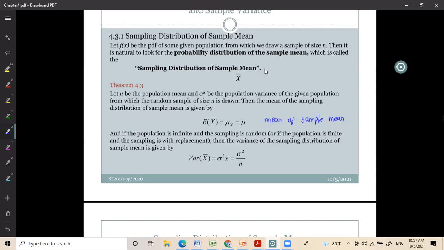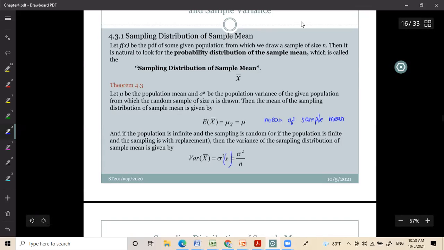If you take a sample of size n from a population where the population mean is mu and the population variance is sigma square, the sampling distribution of the sample mean will have the mean value exactly the population mean, and its variance will be sigma square divided by n. That is the population variance divided by n.